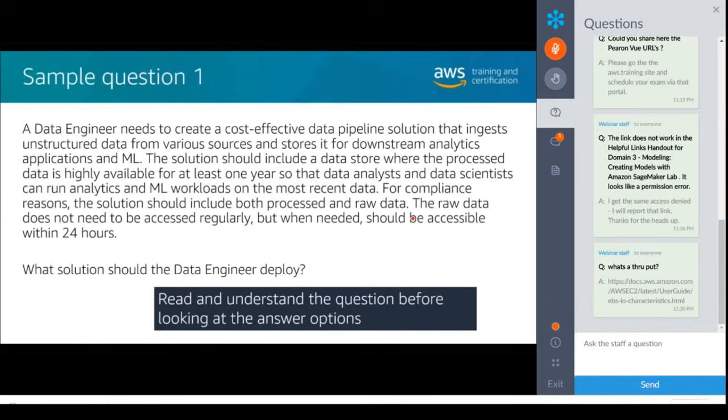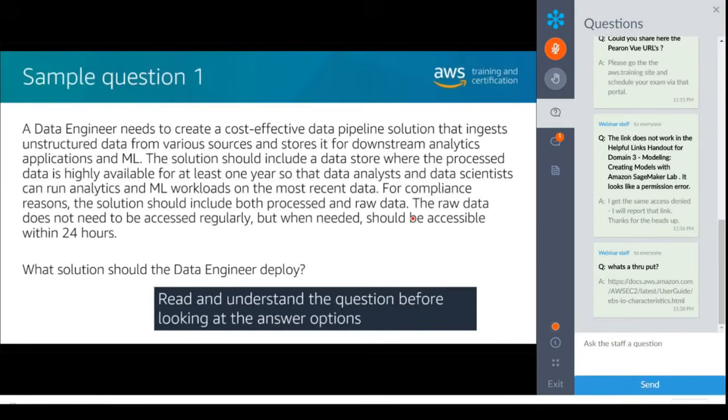So first sample question: a data engineer needs to create a cost-effective data pipeline solution that ingests unstructured data from various sources and stores it for downstream analytics, applications, and machine learning. The solution should include a data store where the processed data is highly available for at least 1 year, so that the data analysts and the data scientists can run analytics and machine learning workloads on the most recent data.